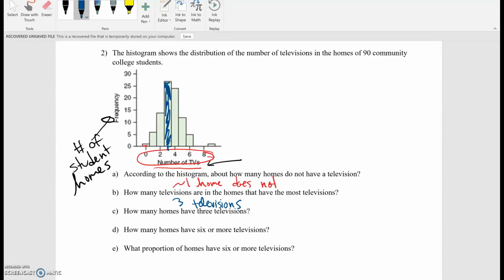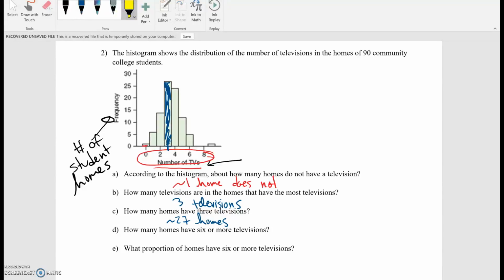Part C. How many homes have 3 televisions? I'm not quite sure what this is. Let's just say about 27 homes have 3 televisions, and this one has the most out of all of them. How many homes have 6 or more televisions?